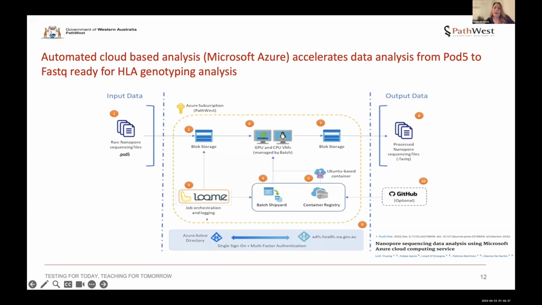And then this Loom agent kicks off the analysis once it has all the files that it needs, and runs the analysis through containers that have the base calling software, so Dorado software, nanofilter, so some filtering tools to filter on quality and size, and some QC tools to calculate sequencing metrics. That's all run through GPU and CPU virtual machines.